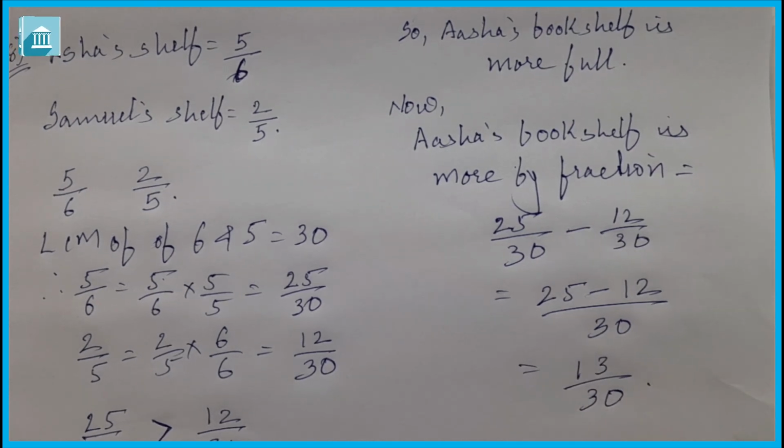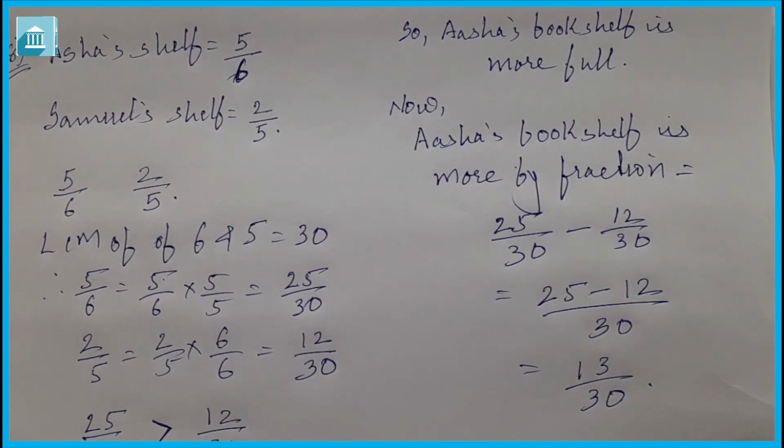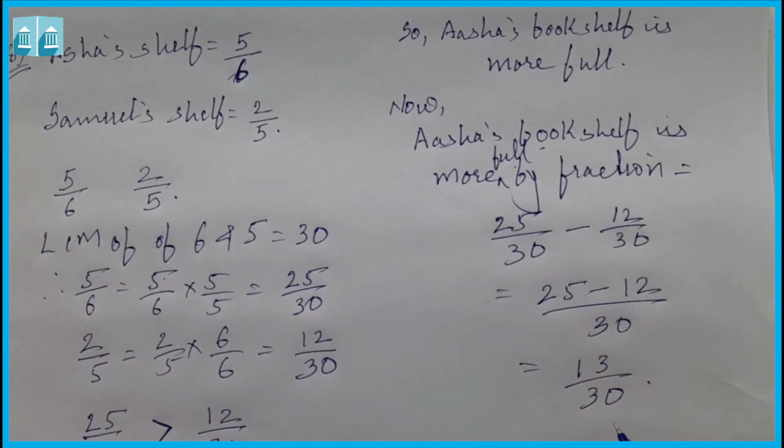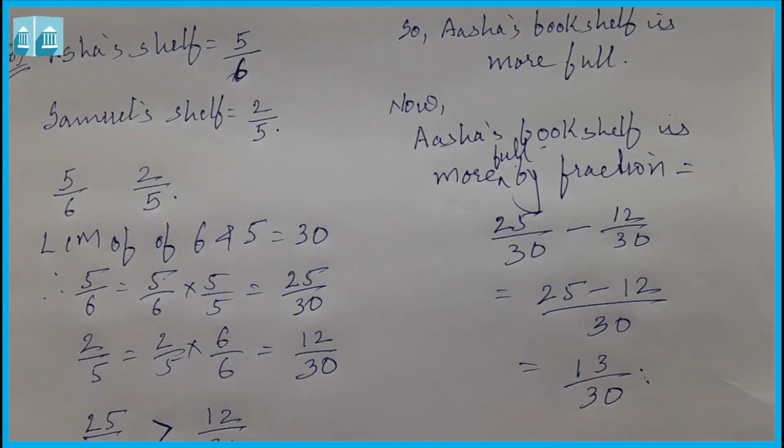So we can say that Asha's bookshelf is more full by 13 upon 30.